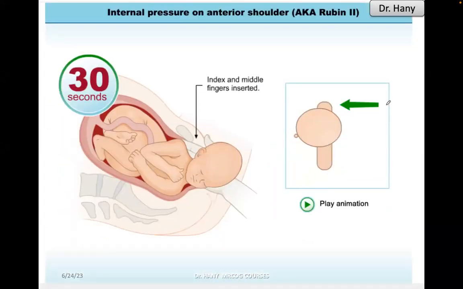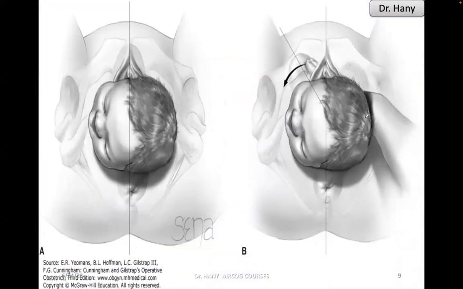This is the first technique. Open two. The second technique, this is the first technique also. Your right hand slides until the back of the anterior shoulder to rotate the baby anti-clockwise. Failed, your left hand will be here in the front of the posterior shoulder, helping rotate the baby anti-clockwise.